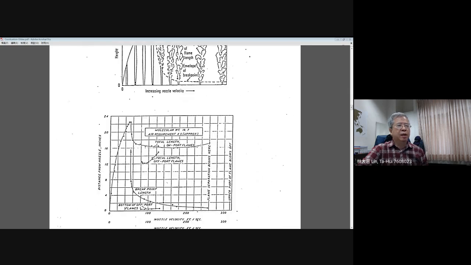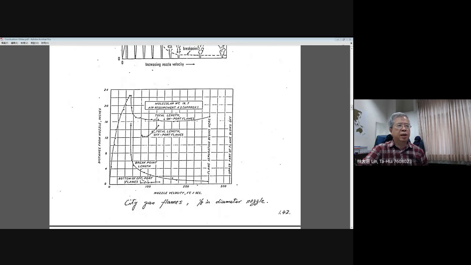The lower plot basically comes from a very early experiment. In this case, they used city gas, which has propane as the major component, and they used one of the eight-inch diameter nozzles.